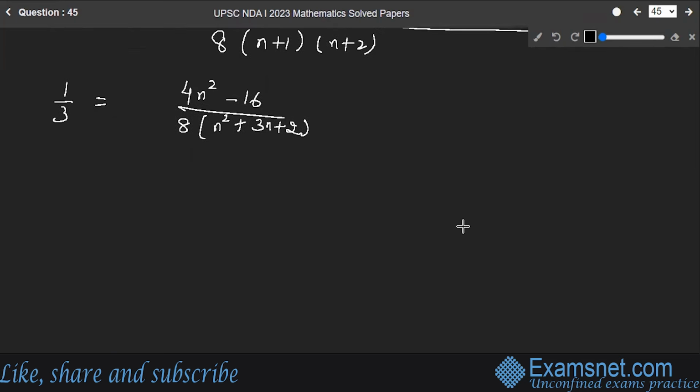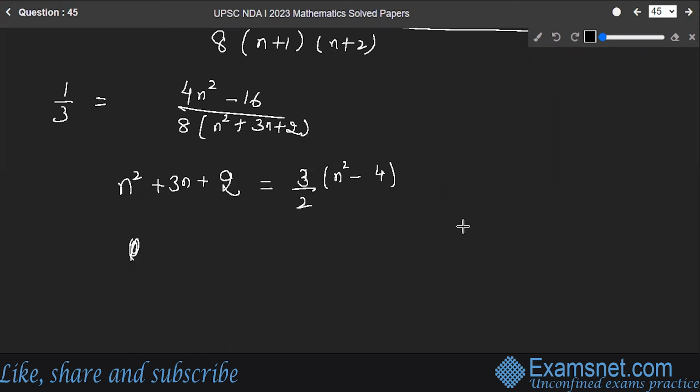Let's do the cross multiplication. You will have here n square plus 3n plus 2 is equal to, actually, I'll take 4 common from here and this will cancel. So this will be 3 by 2 into n square minus 4.